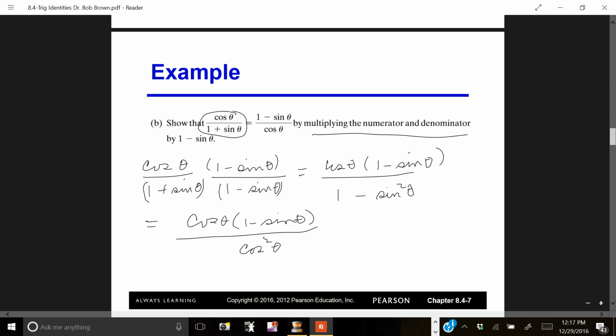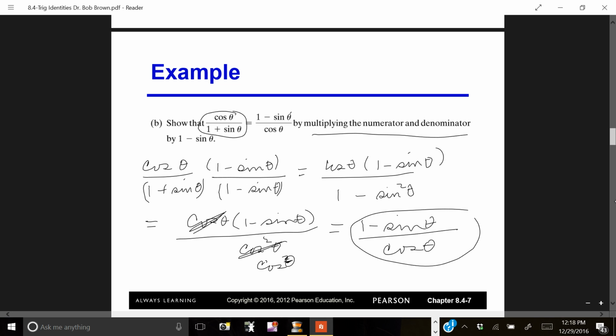And notice one of the cosines will divide into the cosine squared once, leaving cosine of theta. So sure enough, we have established that this identity is so. Now we have this equal to what they ask us to prove.